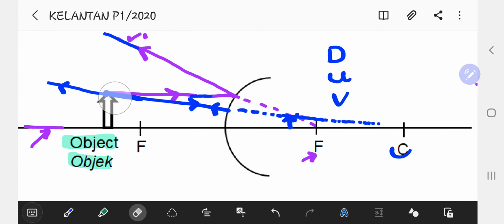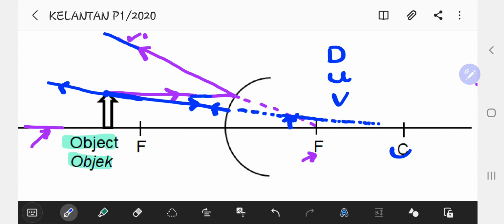Any ray that goes to the center of curvature will be reflected along the same path. Maksudnya pergerakan cahaya will be from the head of the object to this point and then reflected back. If you lengthen the first ray and the second ray, they will not intercept. So that's why you need to search behind here. Ada nampak persilangan. This is the position of the image.